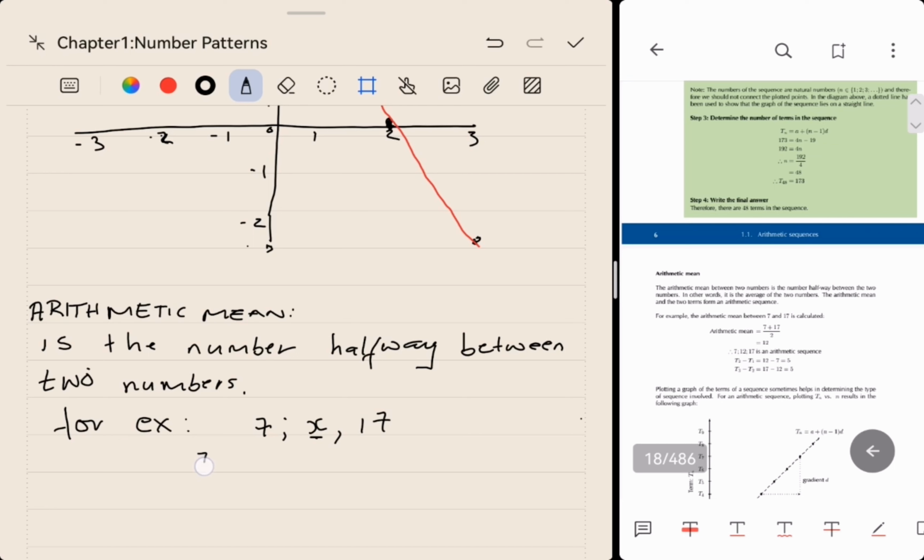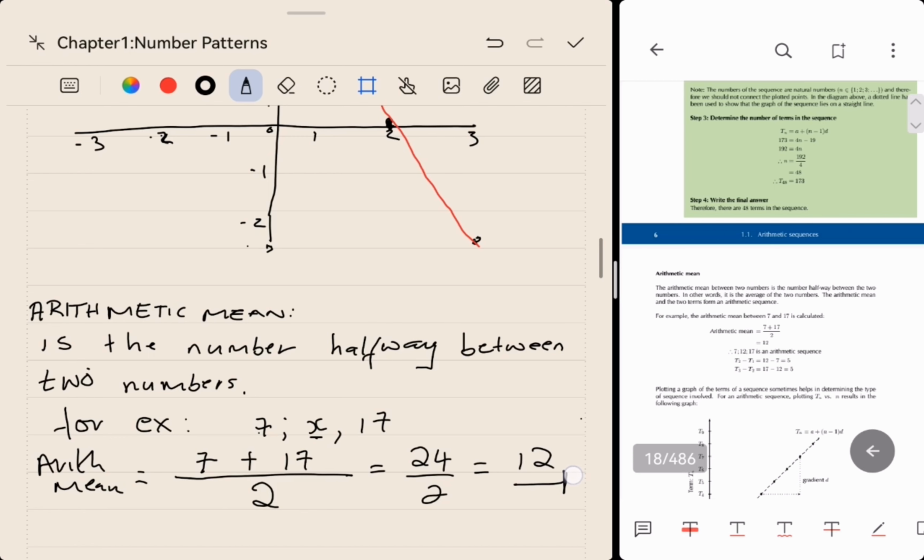So you would say 7 plus 17 divided by 2, because you have two numbers and we want what is between them. So this is the arithmetic mean. 24 divided by 2 is equal to 12. So this number that we didn't know is 12.